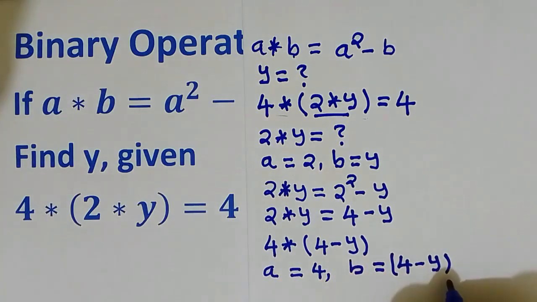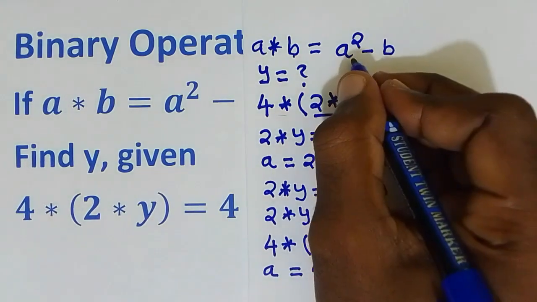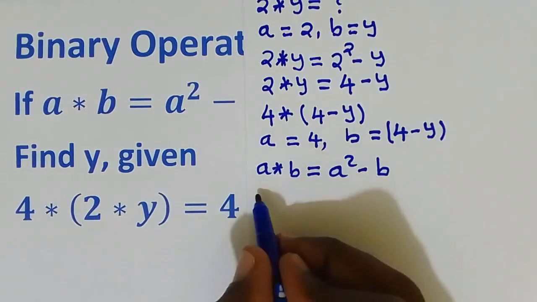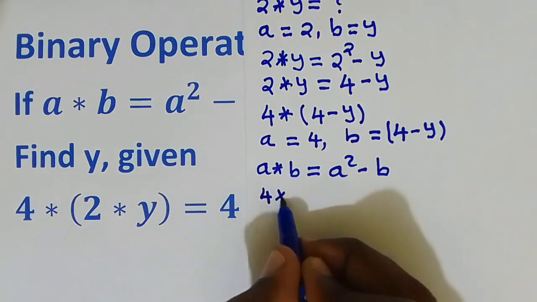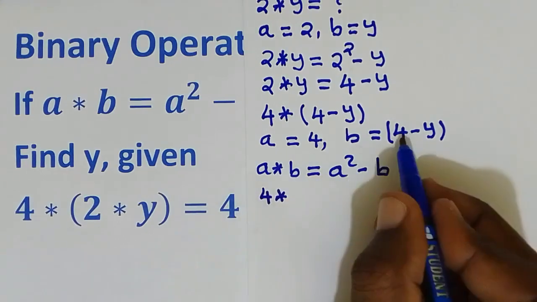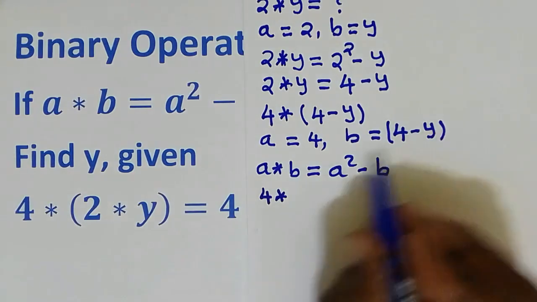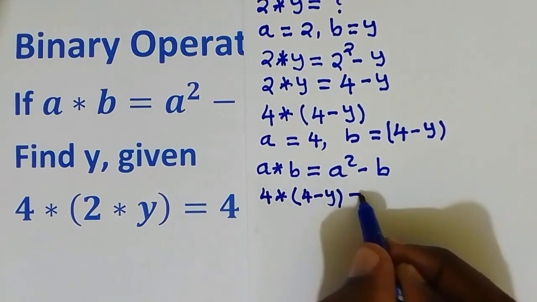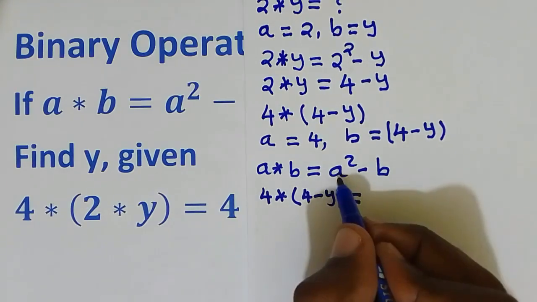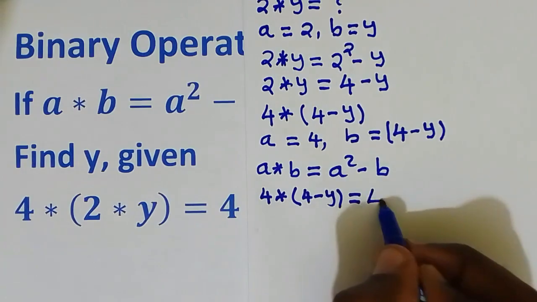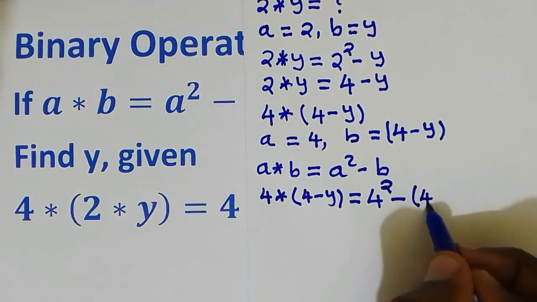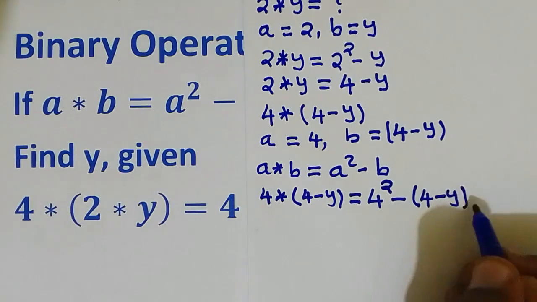Let us substitute this input to our equation. So a equal to 4, 4 star b is equal to 4 minus y. This is equal to a is equal to 4, that is going to be 4 square, minus b, which is 4 minus y.